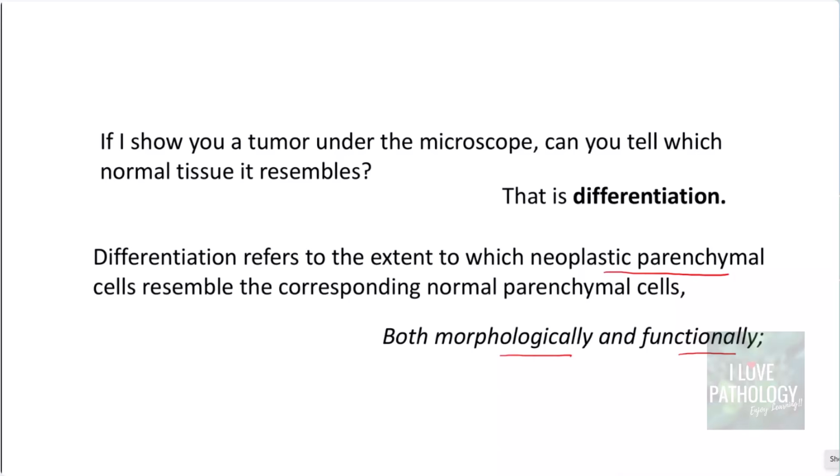For example, if you want to say that this is a squamous cell, how does that look? The cell should be polygonal morphologically, and functionally it should synthesize keratin, right? So if it is a well differentiated squamous cell tumor, it means the cells resemble normal squamous cells.